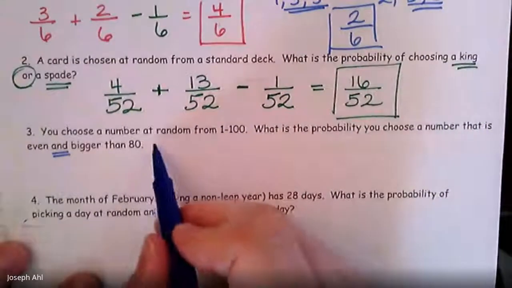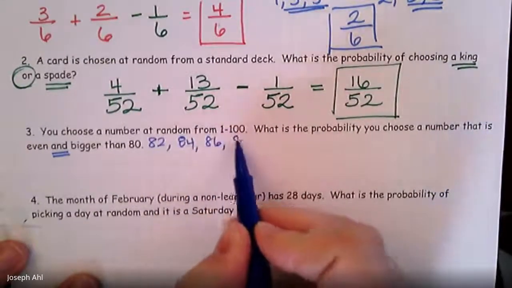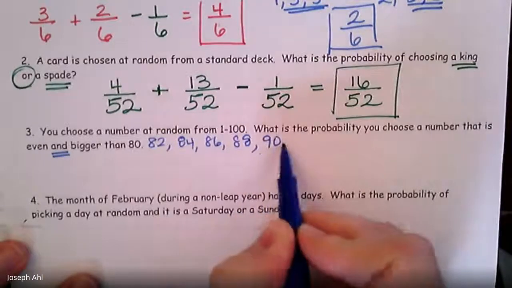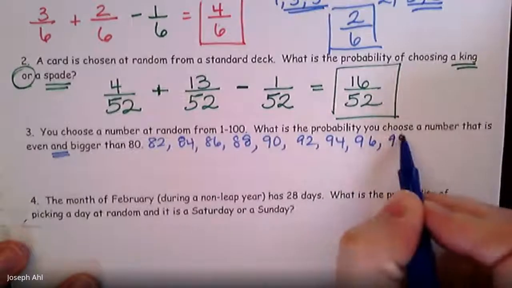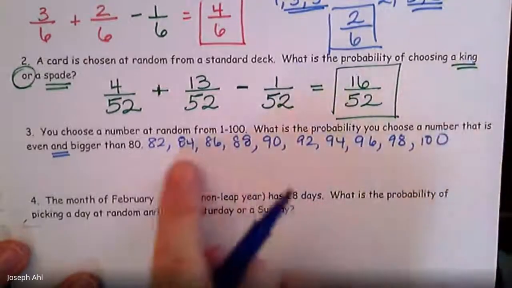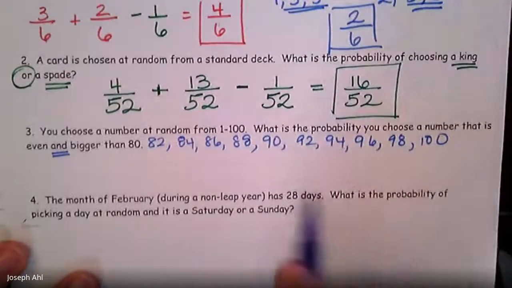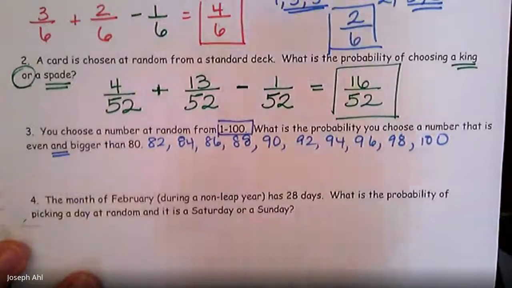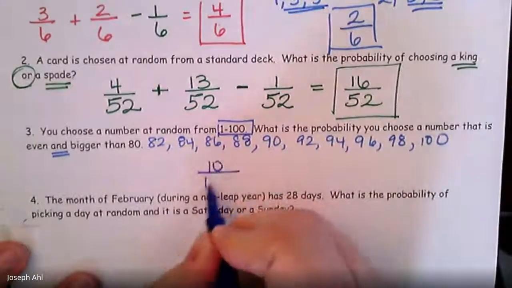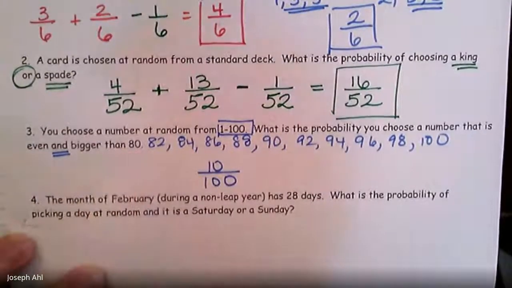We would list things like 82, 84, 86, 88, 90, 92, 94, 96, 98, and then finally 100. So it looks like we've got a total of 10 numbers here. Remember, my total group was the numbers from 1 to 100. So there are 10 numbers out of 100 that are both even and bigger than 80.